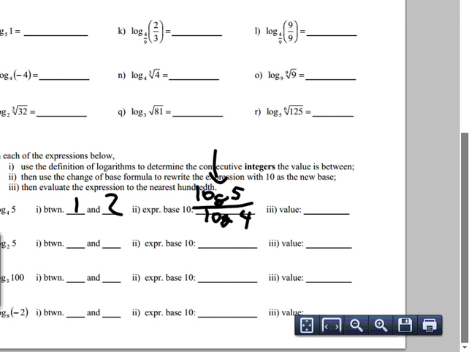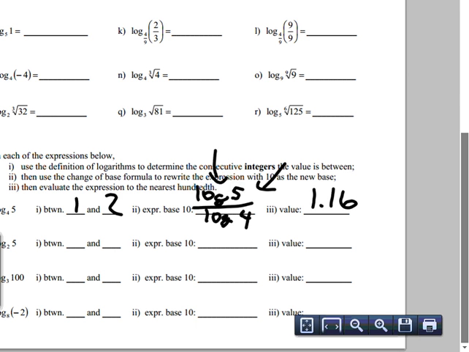All right. And then that last thing, you'd actually type this into the calculator, and it'd give you a decimal like 1.16 or something like that. You'd type in log 5, divide by log 4, enter. Yes, ma'am. It's a good question. It depends. If you follow the nomenclature of your calculator, if your calculator's got an empty parenthesis at the end and it looks like it needs to be completed, then you should do the end parentheses.